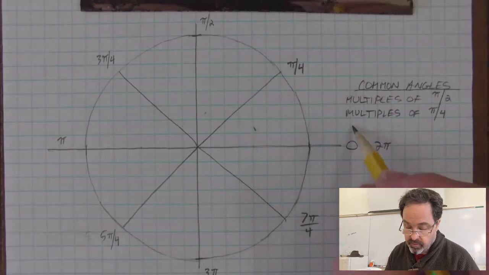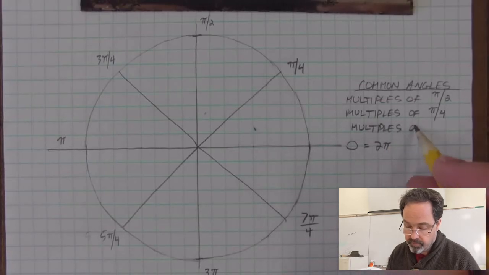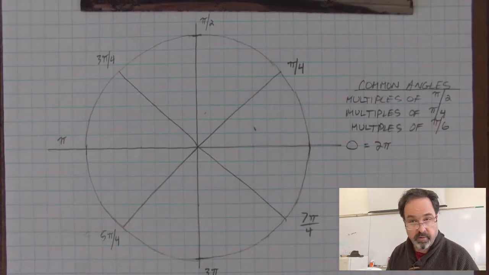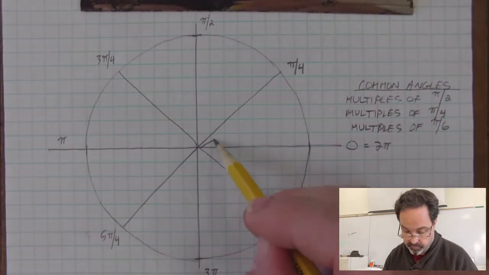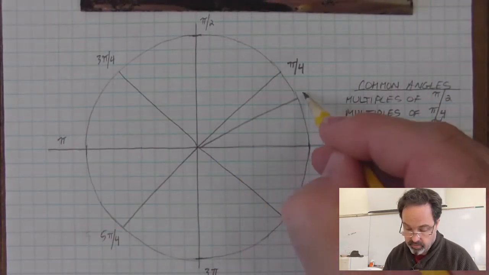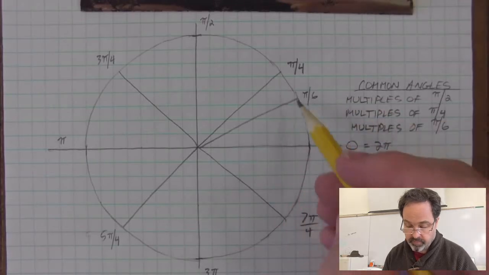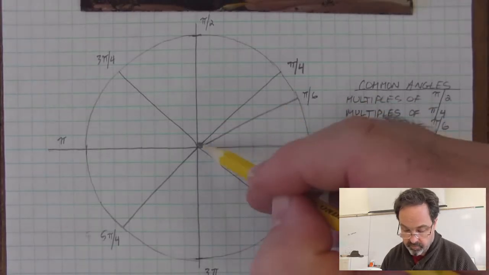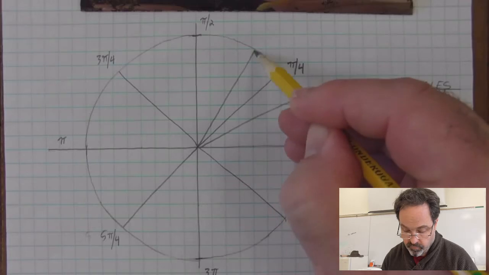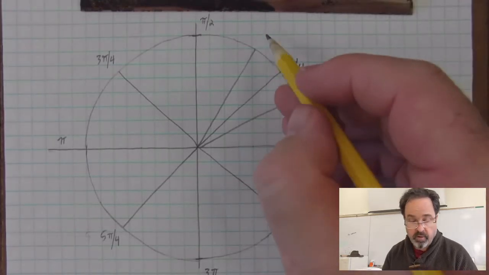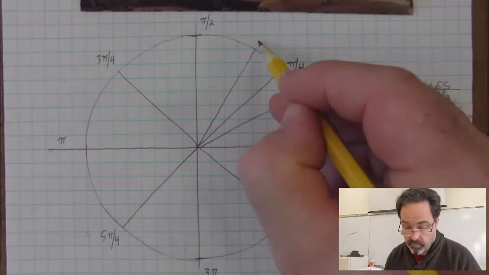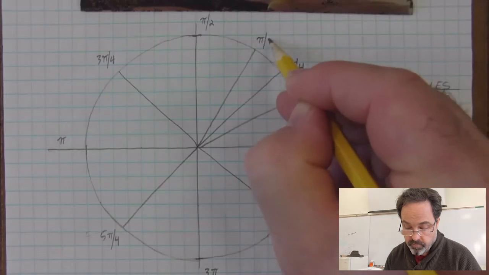The last common angles that we'll consider in this diagram are multiples of 30 degrees, or in radians, pi over 6. The first is approximately here, pi over 6 radians. The next is 2 pi over 6 radians, and 2/6 reduces to pi over 3.